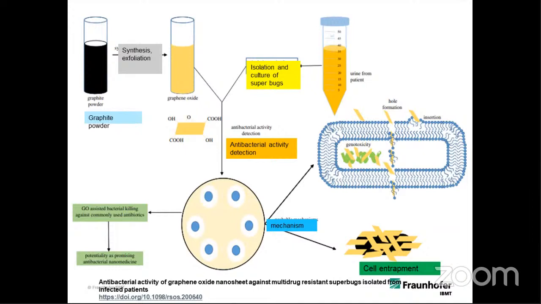If you see here what the graphene did, it entrapped the superbugs in these sheets, compromised their cell membrane, and subsequently it goes down to the DNA and disrupts the DNA of these superbugs, and that's how they are found very effective against multi-drug resistant bacteria.